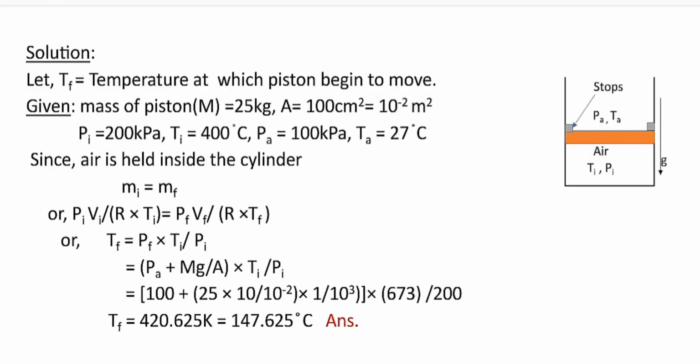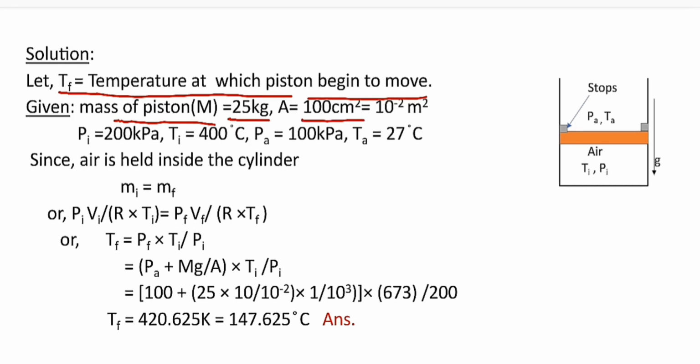Here we suppose Tf is the temperature at which the piston begins to move, and the mass of the piston, that is m, is 25 kg, area 100 centimeter square, and in meter square it is equal to 10 to the power minus 2 meter square, and the initial pressure of air is 200 kilopascal and initial temperature 400 degrees Celsius.